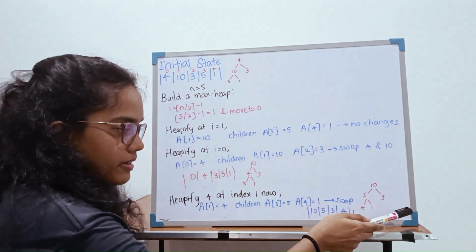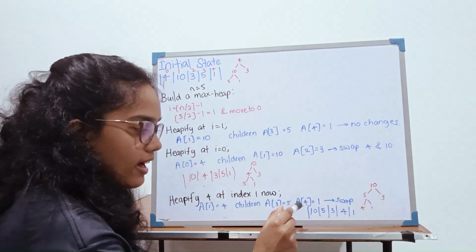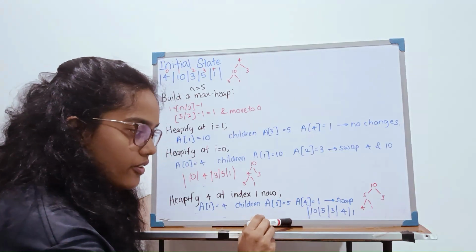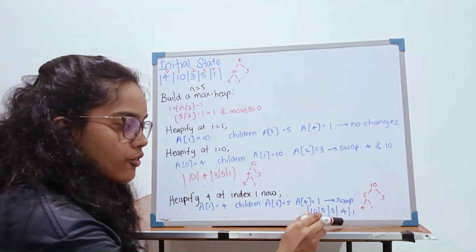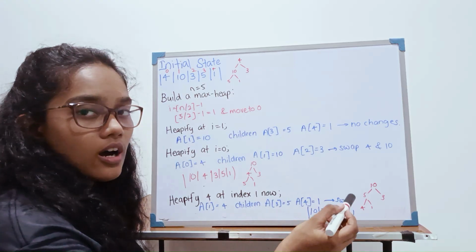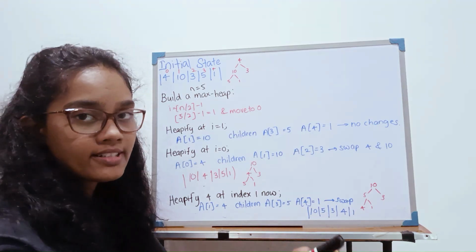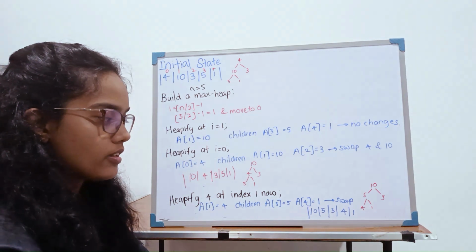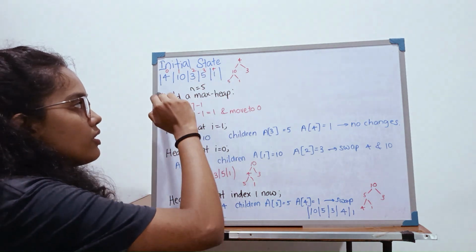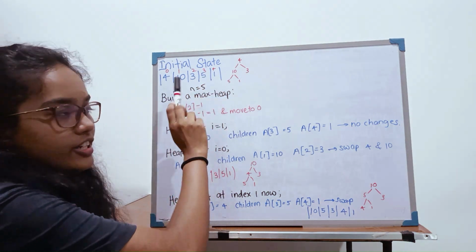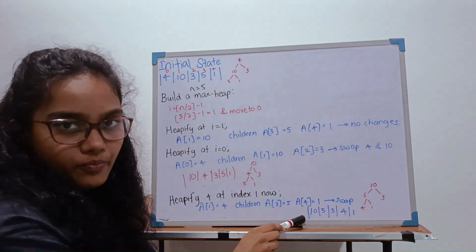After swapping, this is the tree view and this is the array view: 10, 5, 3, 4, 1. Now our array is in max heap form. We have converted this array into a max heap.